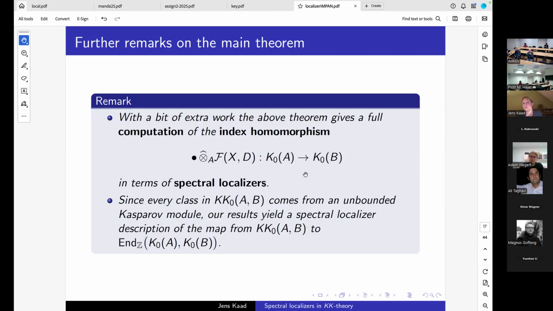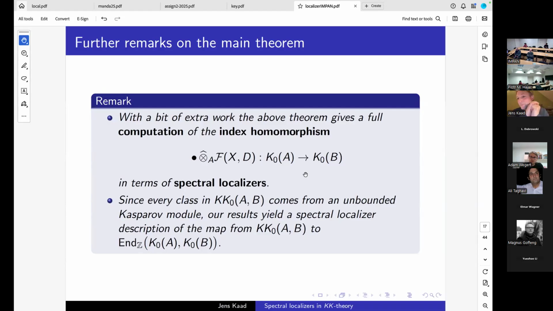So unbounded Kasparov modules are the general version of vertical Dirac operators. Vertical Dirac operators give you a nice class of examples of unbounded Kasparov modules that arise naturally from some geometric input.